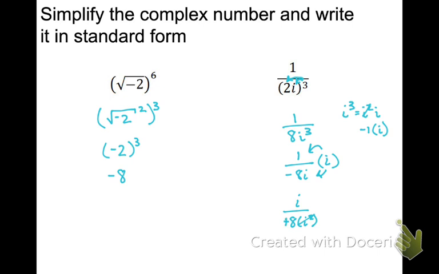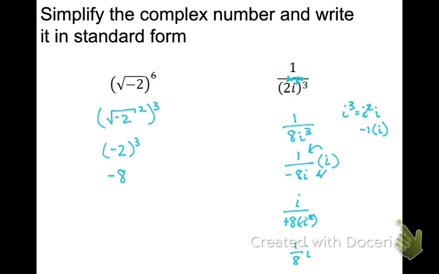Now, standard form, I can't leave the I in the numerator. I have to pull it out to the side. The computer wanted it written as 1 over 8 plus 0I. Well, no, not this one. This one has an I. The computer wanted it 1 and then over 8 plus 0I.